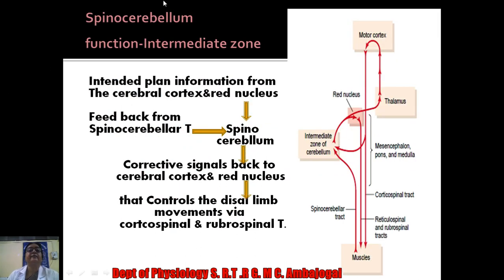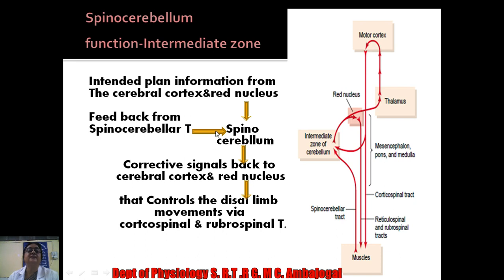Now here is the circuit, or the connections, that explains how the cerebellum smoothly controls and coordinates the voluntary movements of the distal limbs. This is the spinocerebellum. It gets the intended plan information via the corticopontocerebellar tract and the rubrocerebellar tract.